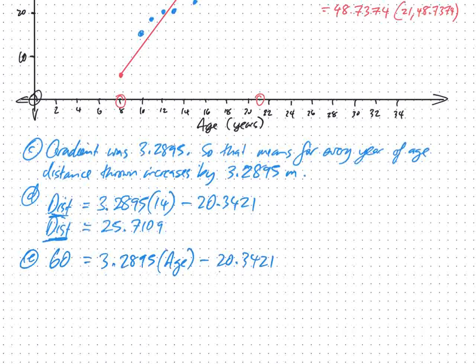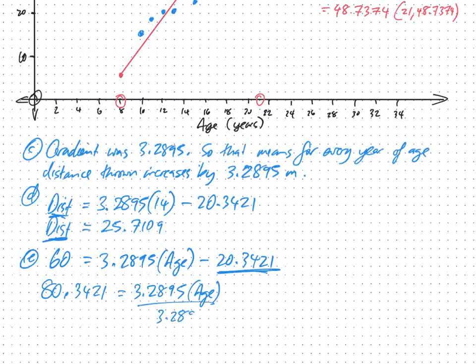So what is the opposite of taking 20.3421, adding it? So if I added 20.3421 on the other side, I'd have 80.3421 equals 3.2895 times by the age. If I added 20.3421 to this, there'd be nothing left. So the next step of algebra, what's the opposite of timesing by 3.2895?